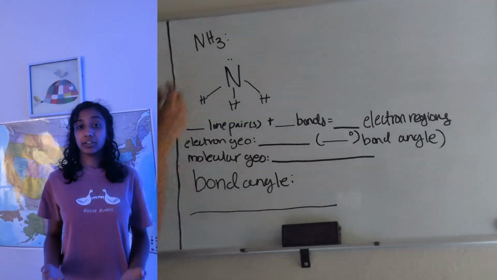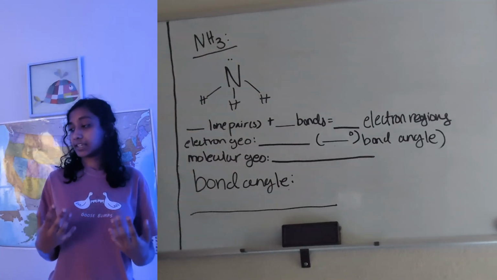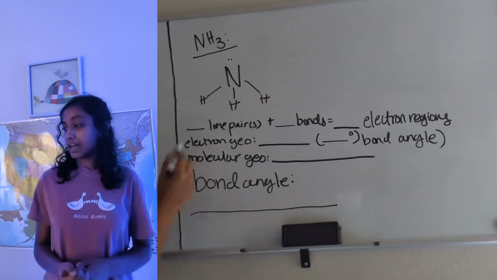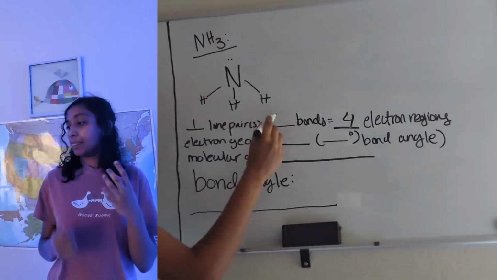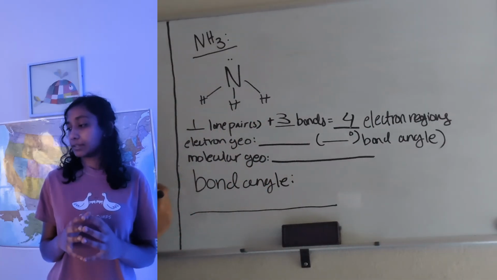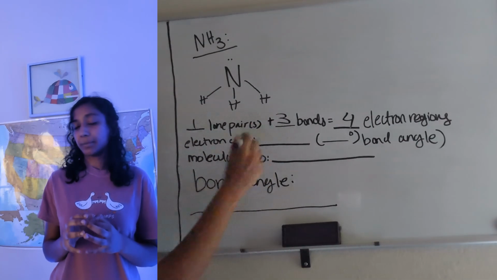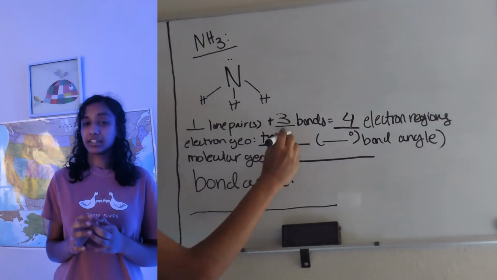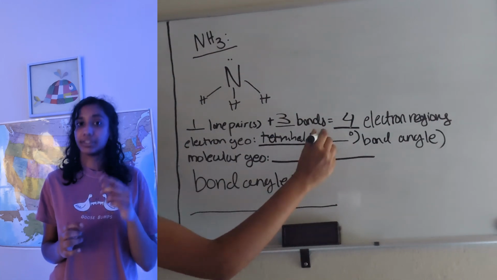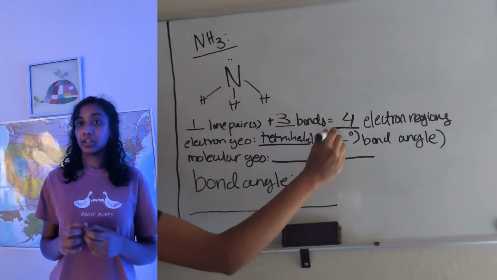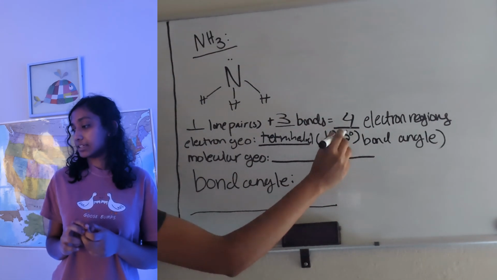Let's look at the bond angles in NH3 as an example. NH3 has 4 regions of electron density from 1 lone pair and 3 bonds on the central atom. This means its electron geometry is tetrahedral, and tetrahedral molecules generally have a bond angle of 109.5 degrees.